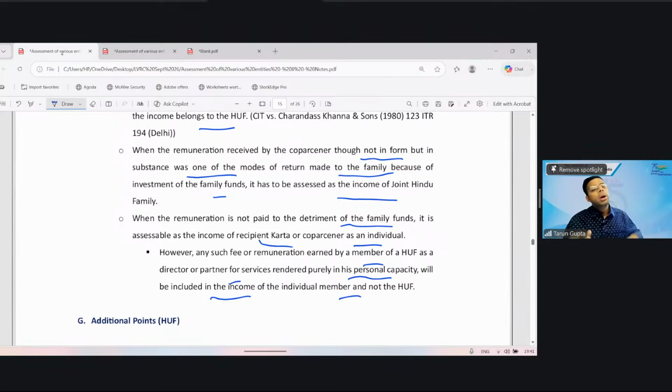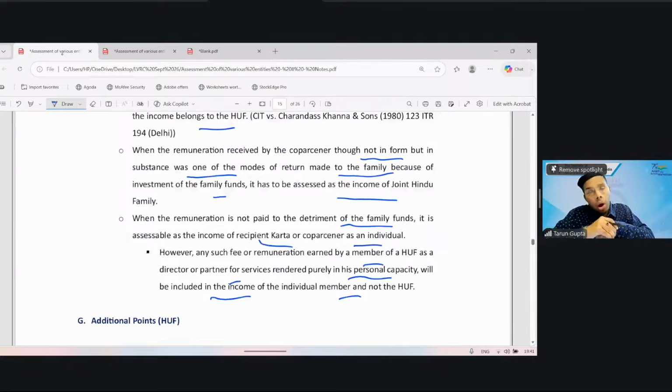You understood? If a HUF has invested in a concern that is incorporated with the funds of the HUF, say the members of the HUF have formed a concern with the help of the funds received from the HUF, then the remuneration so received by the members shall be taxable in the hands of HUF because it is deemed that it is in substance a return made by the concern on account of investment by the HUF in such concern.